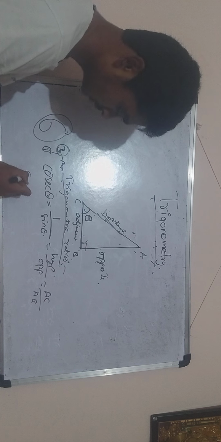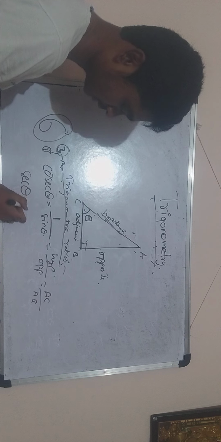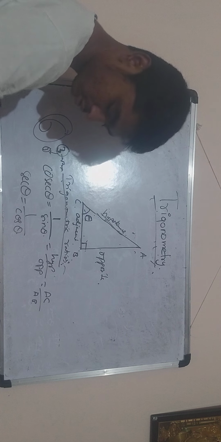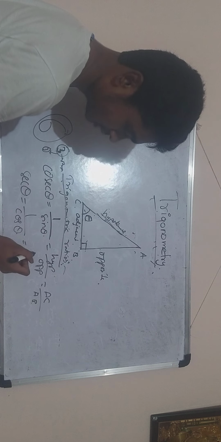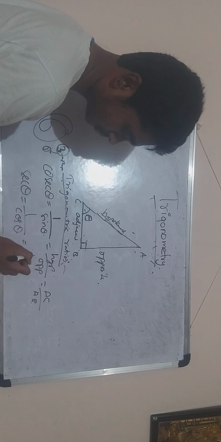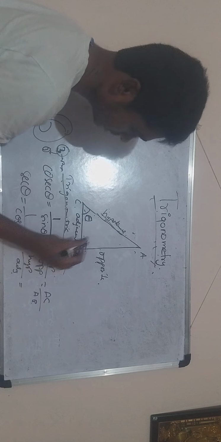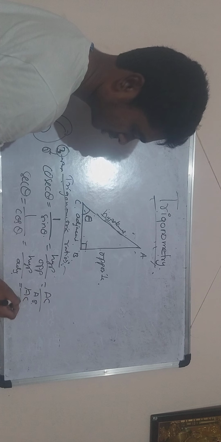The other is secant theta, or sec theta. It is the inverse of cos theta, or cosine, so it is hypotenuse by adjacent, which is AC by BC.